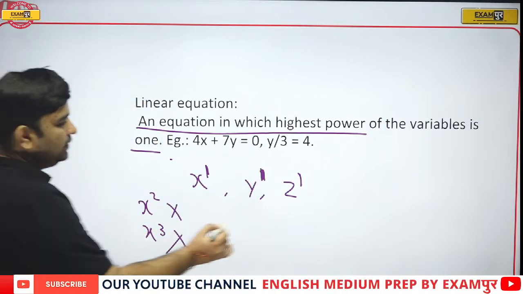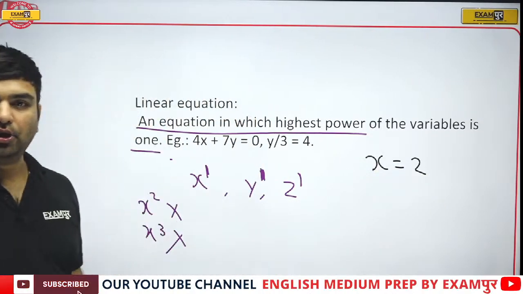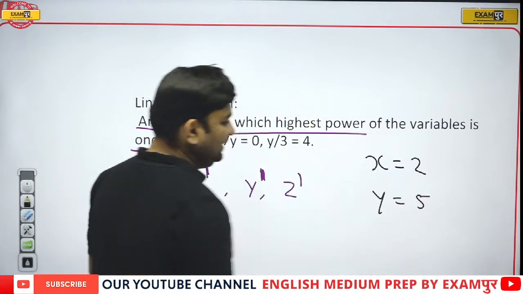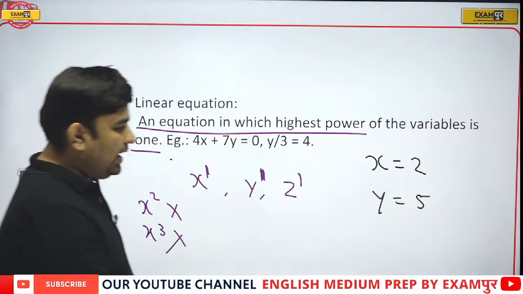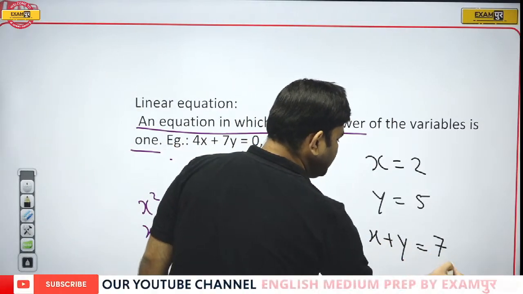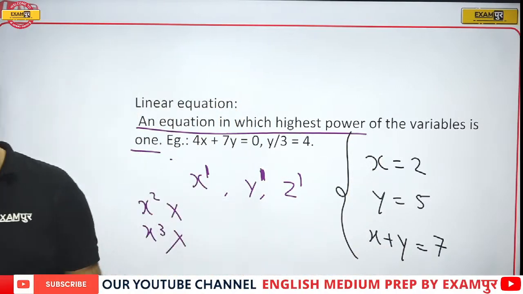For example, x is equal to 2 is a linear equation. y is equal to 5 is a linear equation. x plus y is equal to 7 is a linear equation because the highest power of the variable is 1.